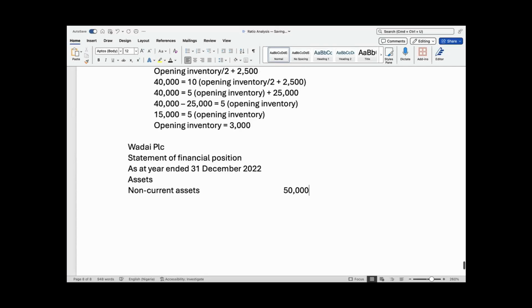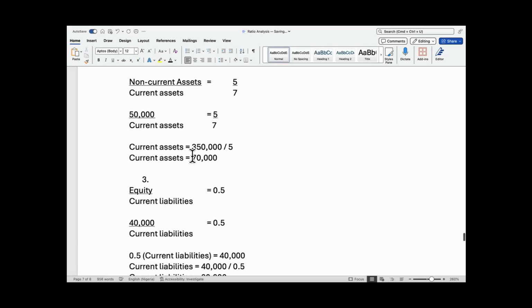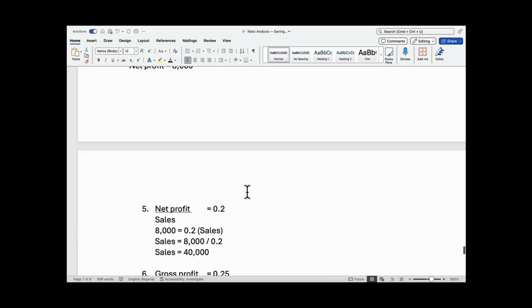And also, I was given my current asset, but let me break it down because I was given closing inventory as 5,000. Then other current assets, since I've gotten my total current assets somewhere, yes, 70K.